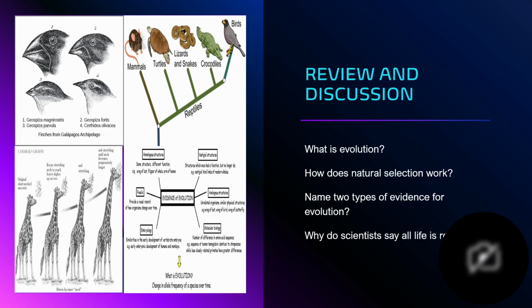And I want you to answer: how does natural selection work? As we said, natural selection is like selection of food, weather, all the environment changes that may cause mutations. Name two types of evidence for evolution.